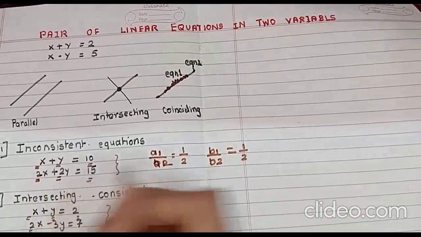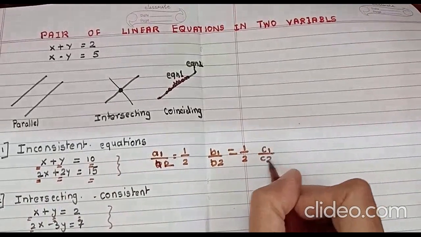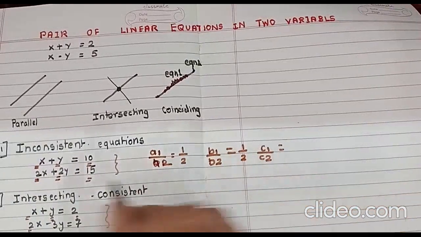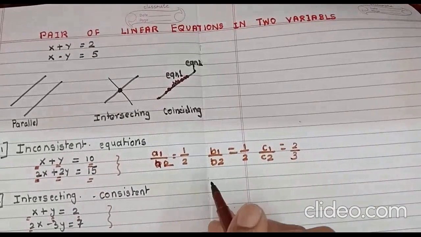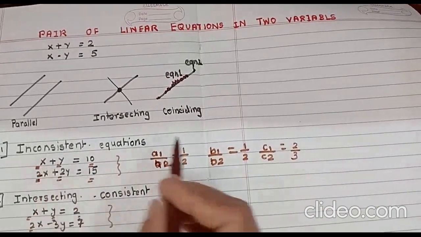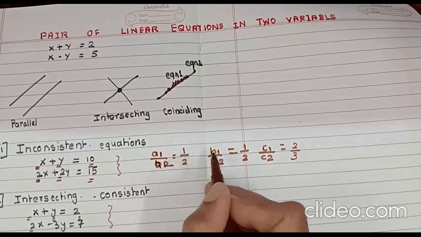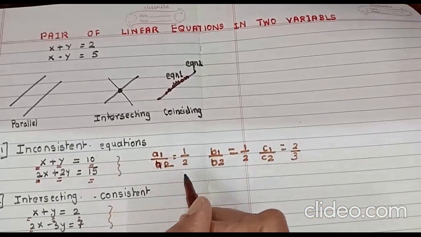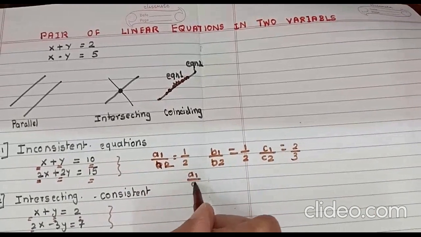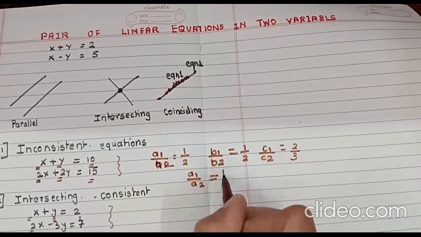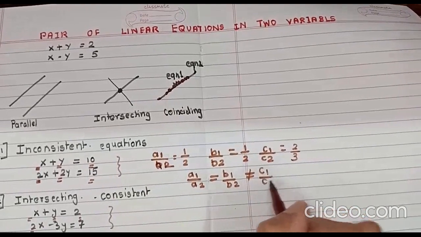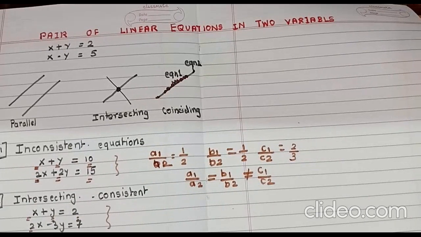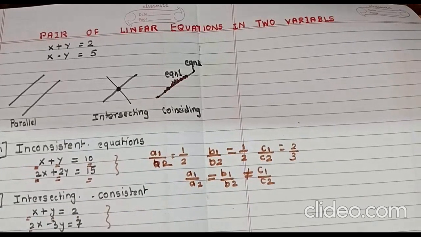And c1 upon c2, which will be 10 upon 15, means 2 upon 3. So what do you get for inconsistent equations? These two are equal, but the constant is not equal. So you get a1 upon a2 equal to b1 upon b2, not equal to c1 upon c2.